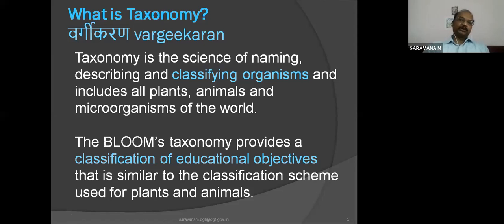So how are these living organisms classified? A particular plant will have a root, stem, flower, leaves, seeds, fruit and all. So this is considered taxonomy. What does taxonomy mean? Animals and plants have a lot of detailed description. I hope you will understand by seeing one picture. So a plant has a stem and a flower and a fruit and seeds. So all the details are classified in detail, and that is considered taxonomy.